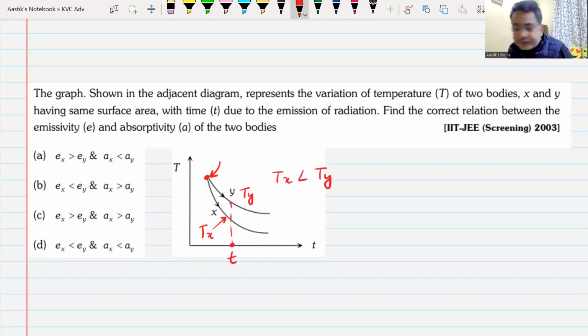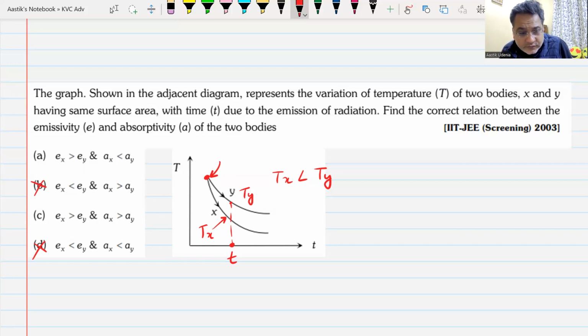Yes or no? Yes, sir. That means X body has radiated more heat compared to Y body. Yes or no? Yes. That means this option and this option have to be wrong. The emissive power of the X body must be more than the emissive power of the Y body.